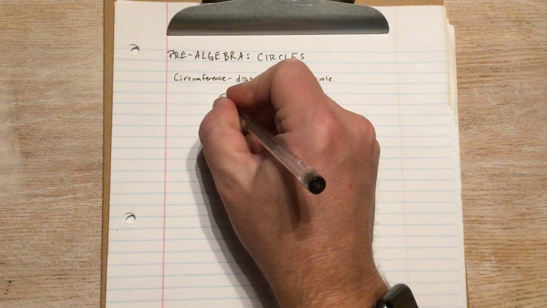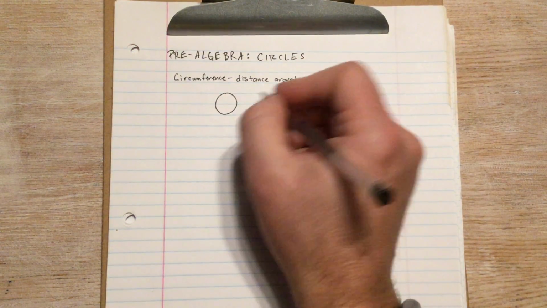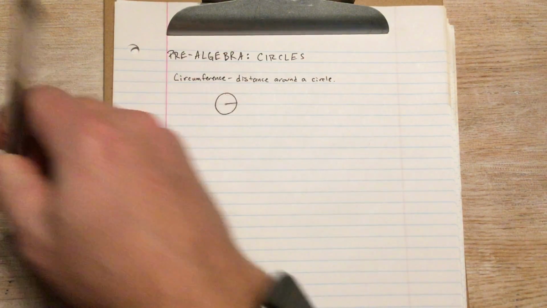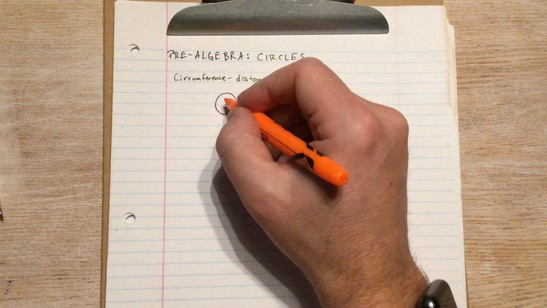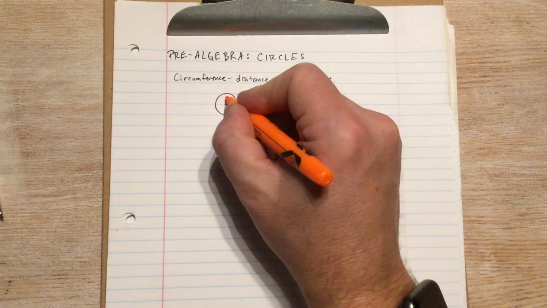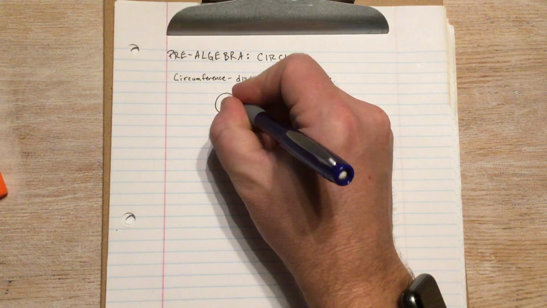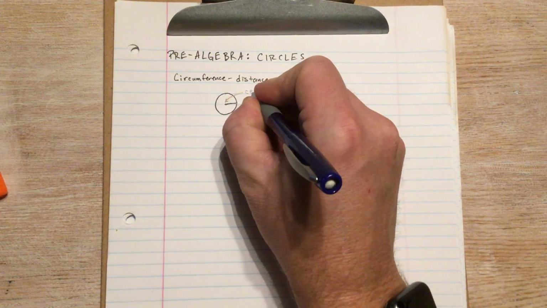So when you have a circle, there's a couple main terms that you want to look at. So one is you have this thing here called the center.